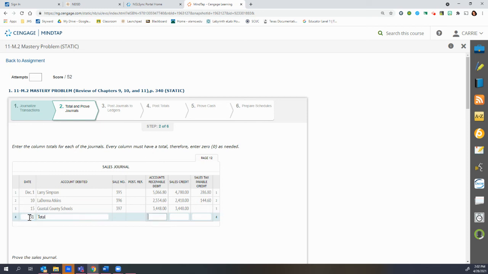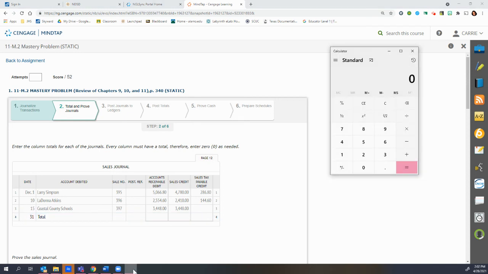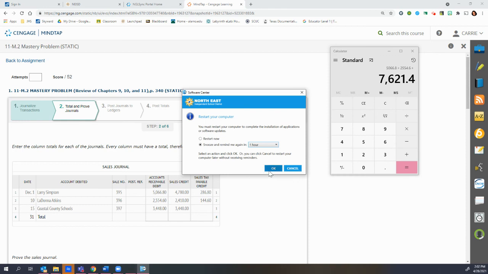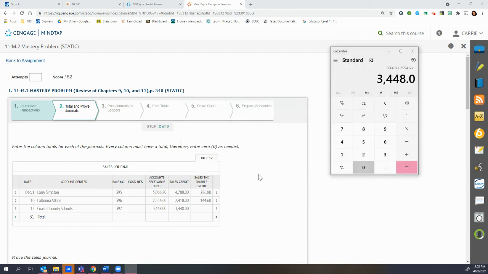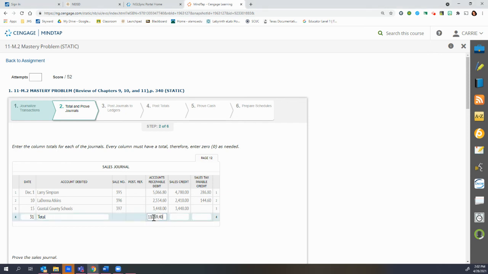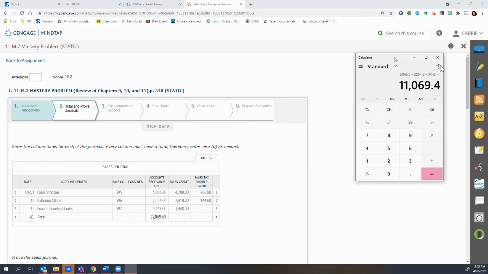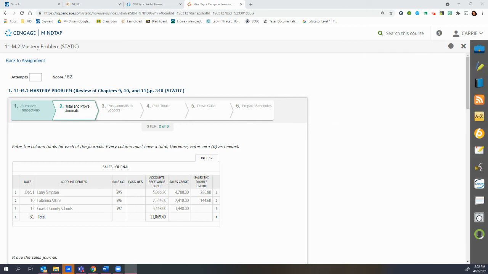Total, we're going to total these up. $1169.40, and then so here so I can see it easier. $10,638, and then 286.80 plus 144.60 is 431.40.